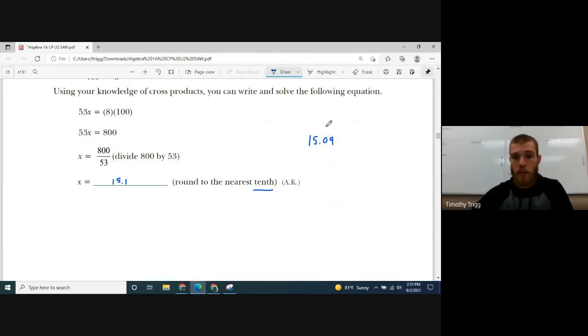If we're rounding to this spot, this 9 rounds the 0 up to a 1. That's why we get 15.1 when we're rounding to the nearest tenths place. If it says to the nearest hundredth, that's 2 decimal places. So you're going to see that sometimes too: round to the nearest tenth is 1 decimal place, and round to the nearest hundredth is 2 decimal places.